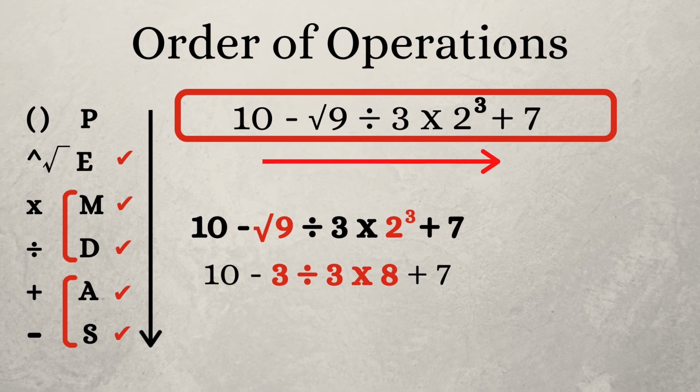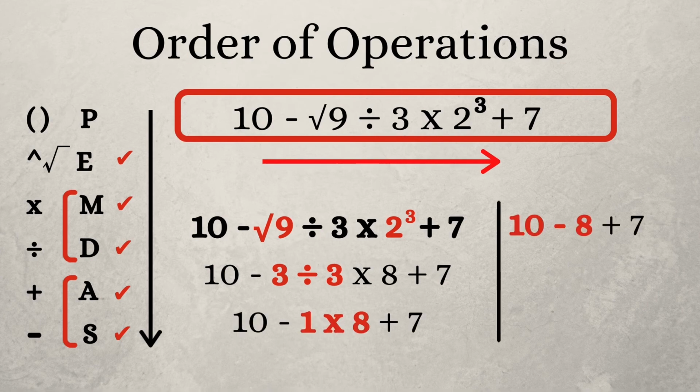So moving from left to right, we compute 3 divided by 3 first, which gives us 1, and then we multiply it by 8. We now have the expression 10 minus 8 plus 7. Again, moving from left to right, we have 10 minus 8, which is 2, and then we add 7 to it to get 9 as the final answer.